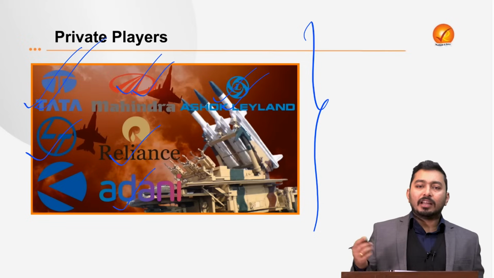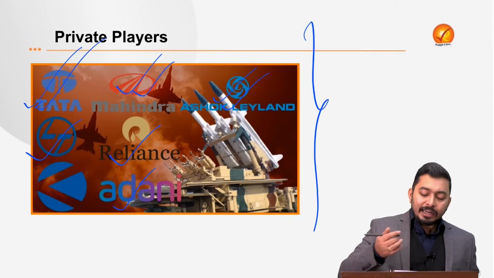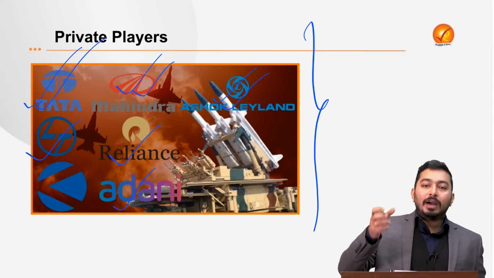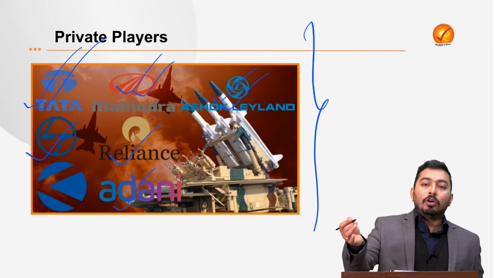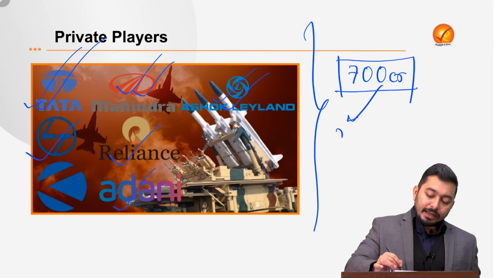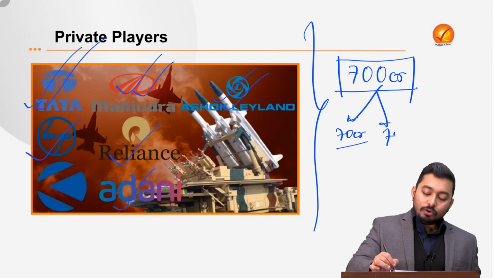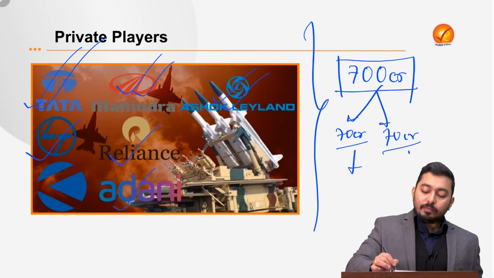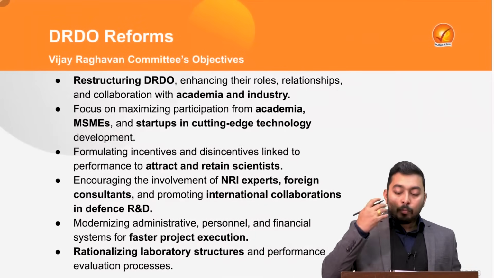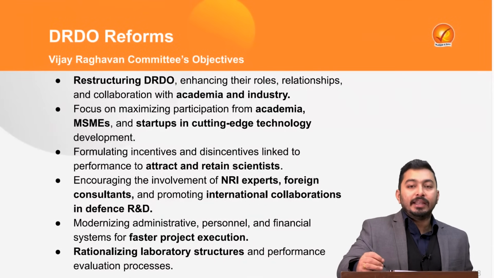Companies like Bharat Forge and BDL are constantly working with private players for small or part contracts, where, let's say, you have a 700 crore order from the Government of India and you give a 70 crore order to 2 companies, so that these companies can also start and be brought into the defense production ecosystem.